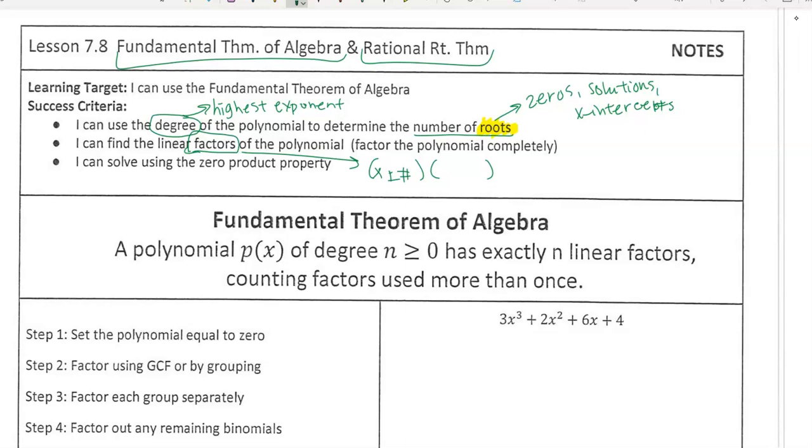We can also factor using those little tricks that we talked about the last two lessons, sum and difference of cubes and sum and difference of squares. Last, we can solve using the zero product property. Now, all that is setting the parentheses equal to 0, or setting the factors equal to 0.